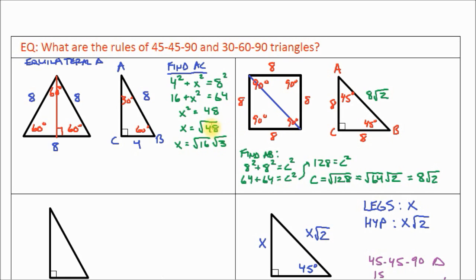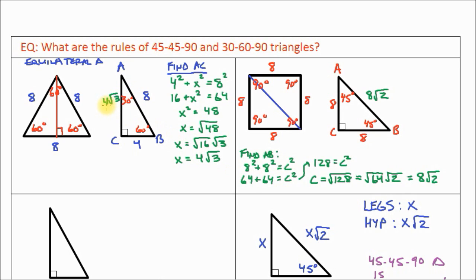Take a look at this. 16 times 3 is 48. So square root of 48 is the same as writing the square root of 16 times the square root of 3. And we know the square root of 16 is a perfect square. And we end up with 4 times the square root of 3. And that means the length of AC is 4 times the square root of 3.